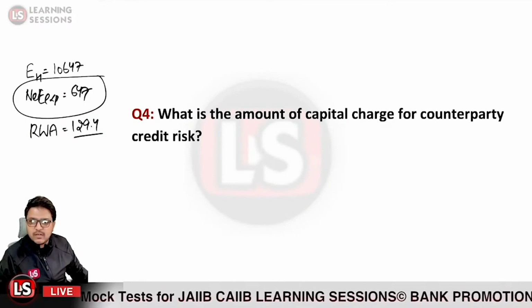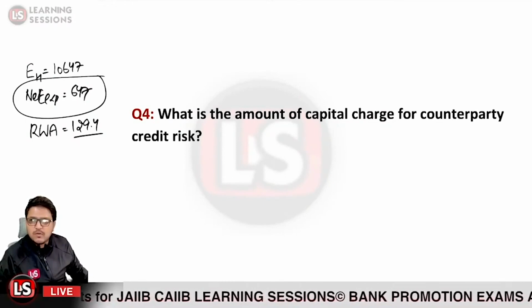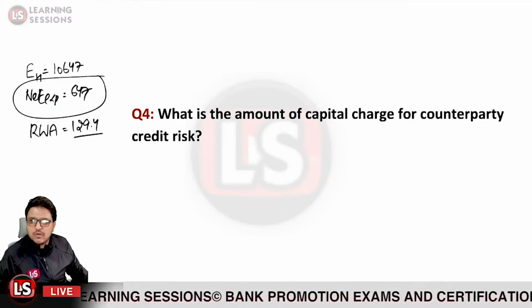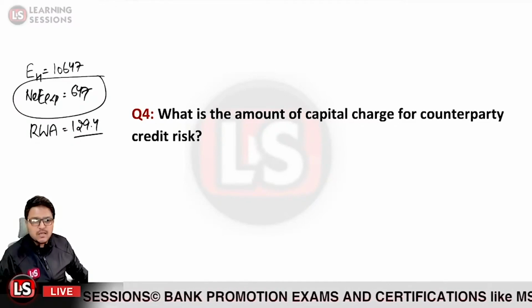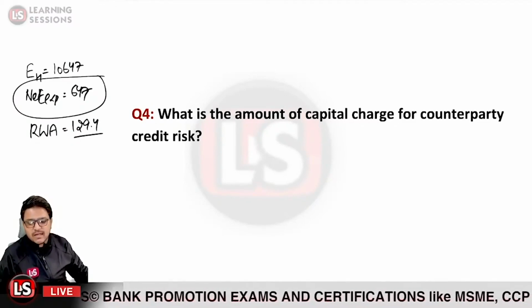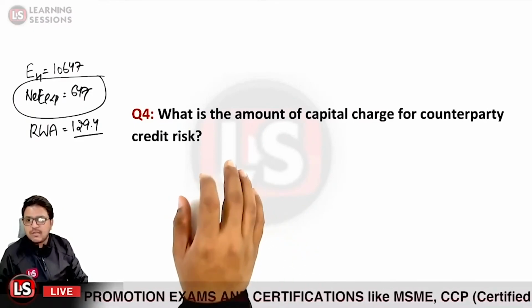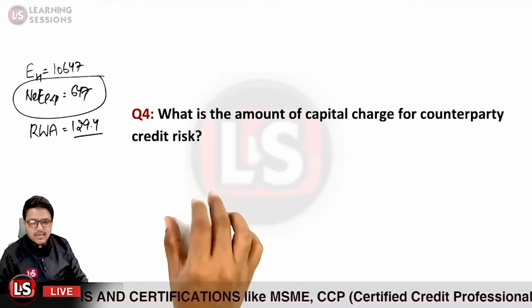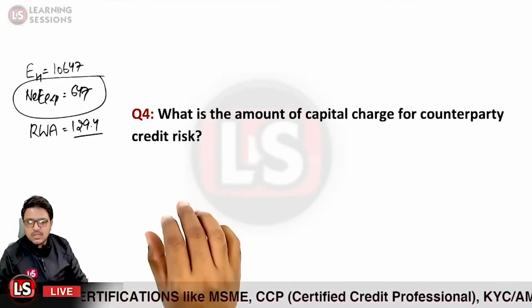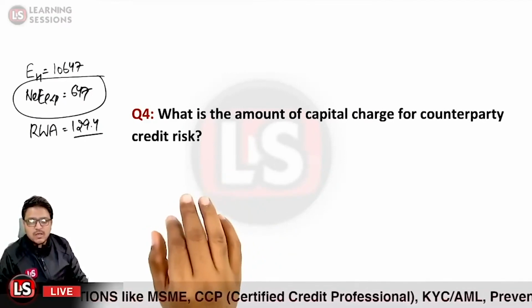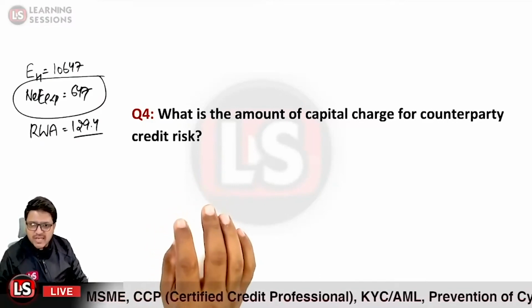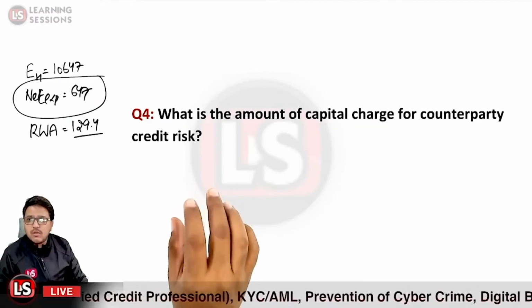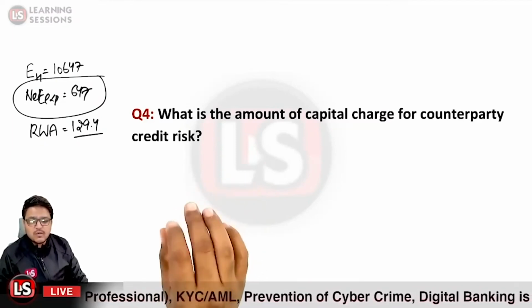So if it is asked what is the amount of the capital charge for this particular purpose, what would be the answer? Is there any credit risk associated with this? We need to answer it particularly. The answer over here would be no credit risk associated, because it is related to the government security. You are dealing with the government itself.